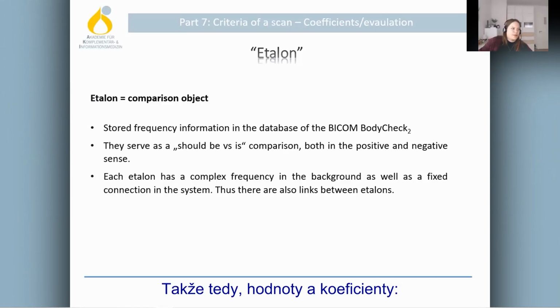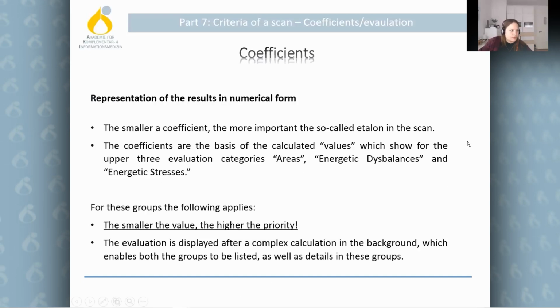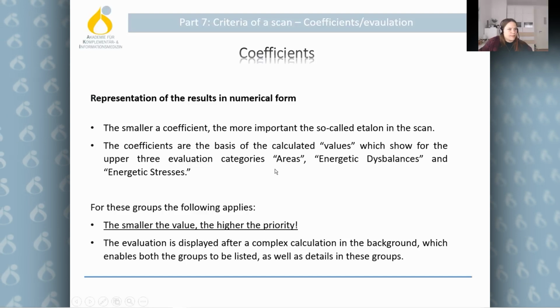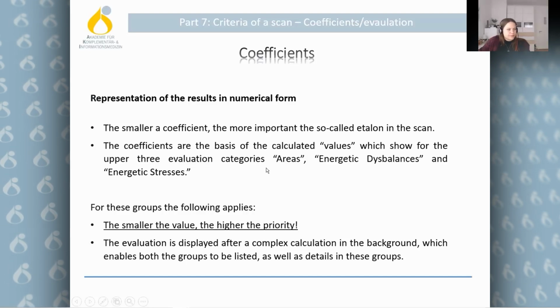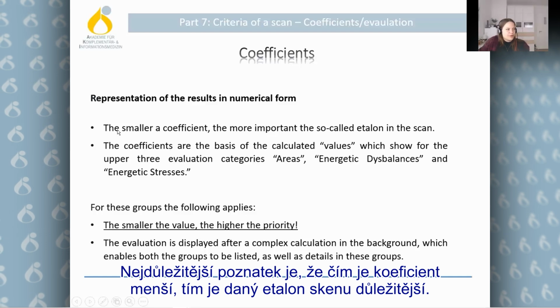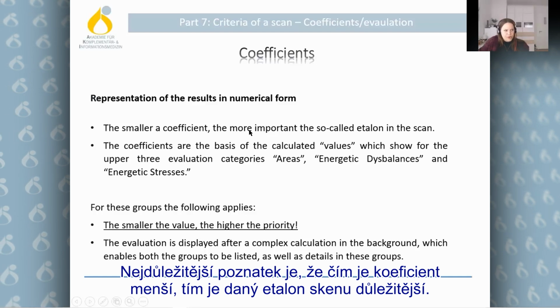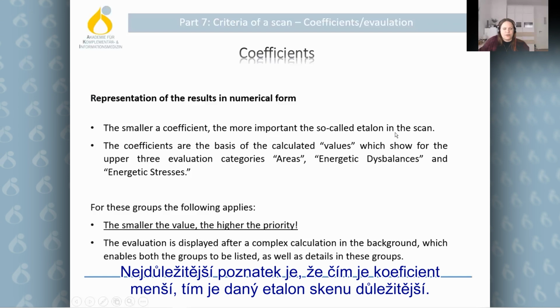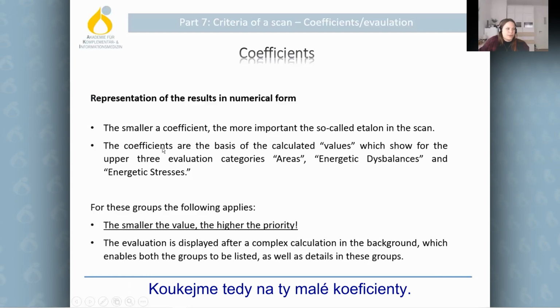So the values and the coefficients. Most important is that the smaller a coefficient, the more important the so-called echelon is in the scan. So we look at the small coefficients.